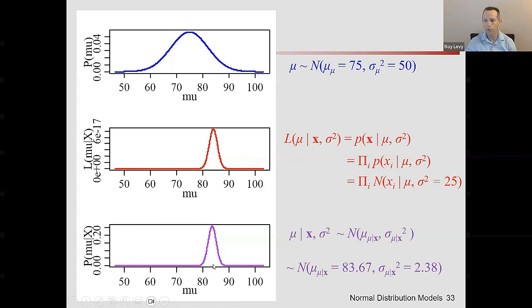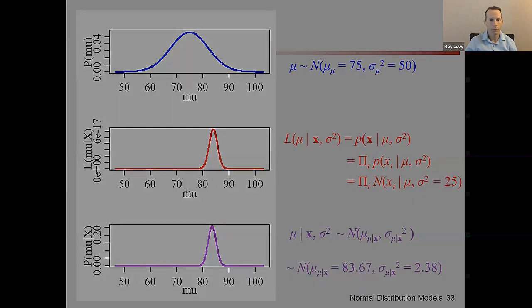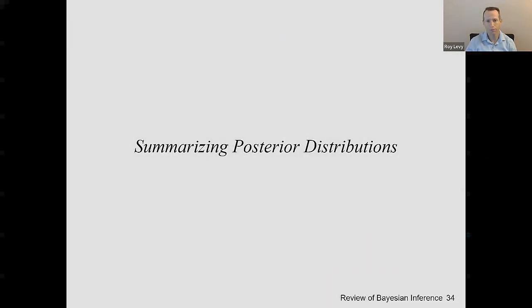And that is a normal distribution with mean of 83.67 and variance 2.38. As a Bayesian, that's my answer, the posterior distribution.